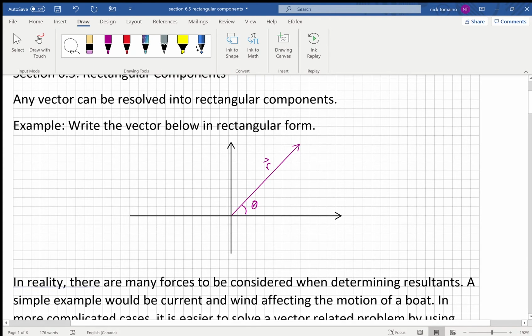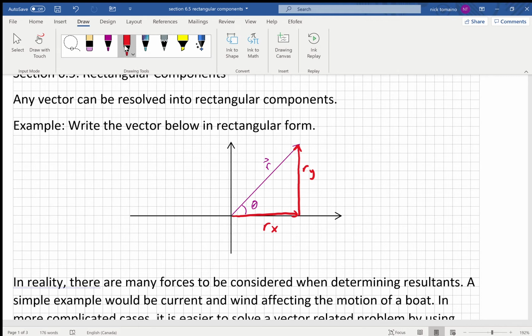So example, write the vector below in rectangular form. All right, so we have two components here. We have the y component of the vector, so we'll call it ry, and we have our x component, which is rx. Now to determine this, we use our trig ratio.